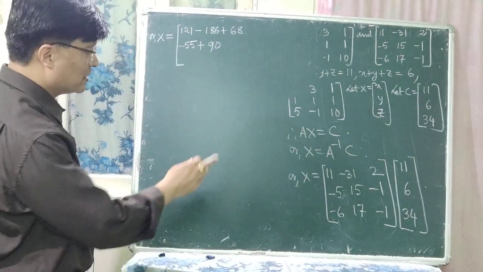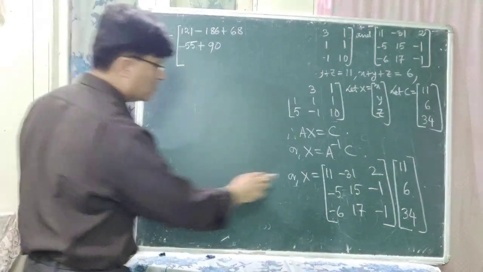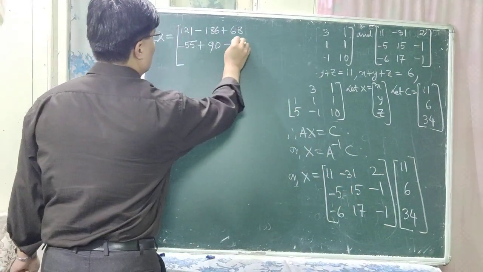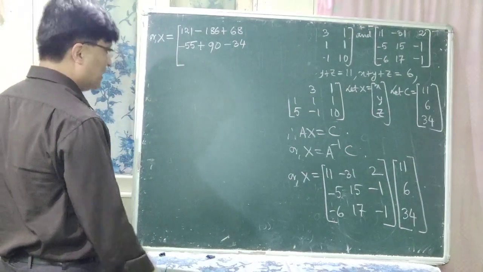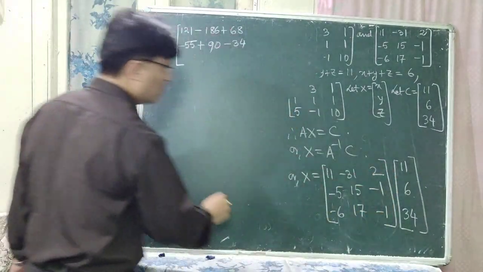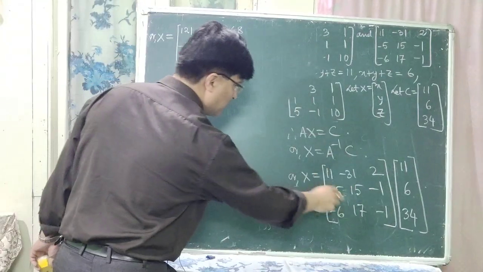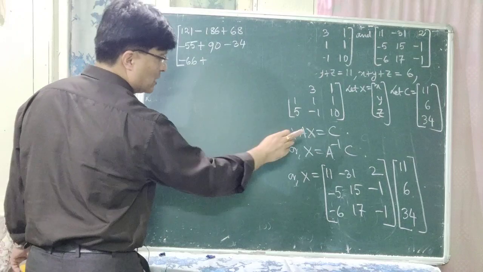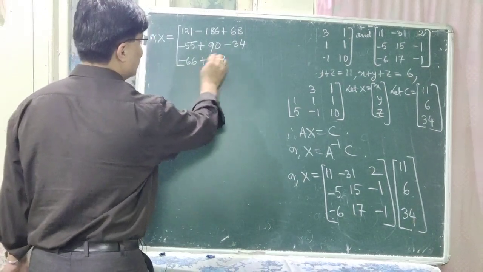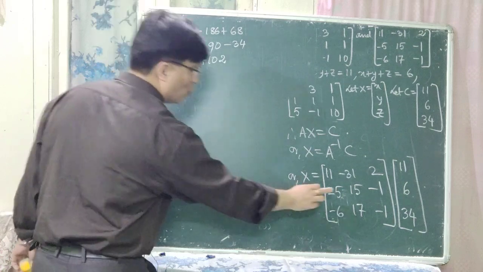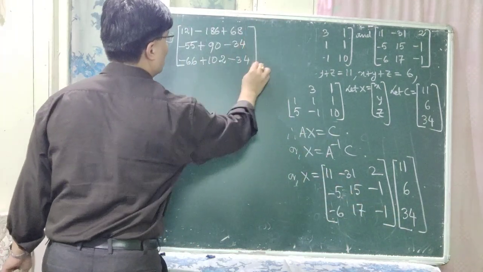Then minus 34. Then third row by first column: 11 into minus 6 is minus 66. 7 sixes are plus 102. Then minus 1 into 34 is minus 34.